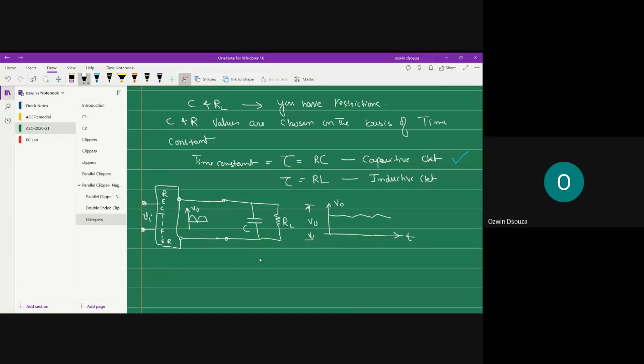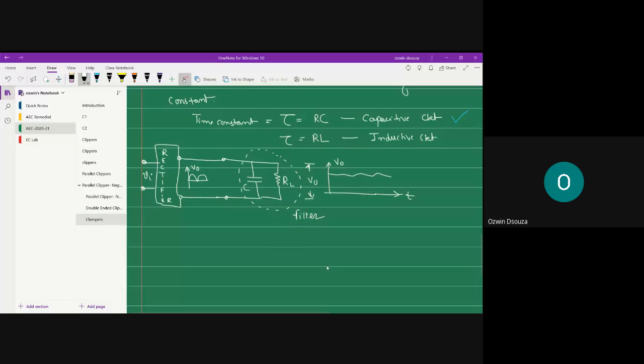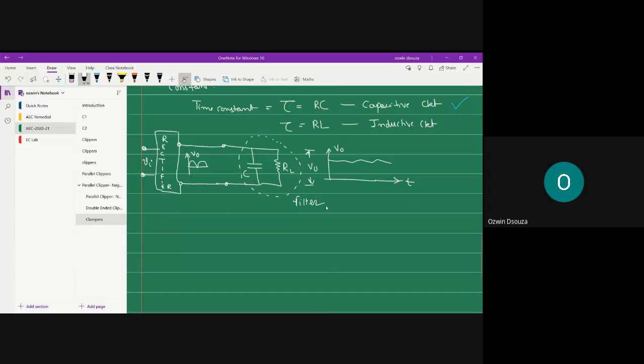Now this is your filter. This filter circuit basically gives the time constant of the circuit. The product RC gives the time constant of the circuit. Now, why is the product of R and C called time constant?